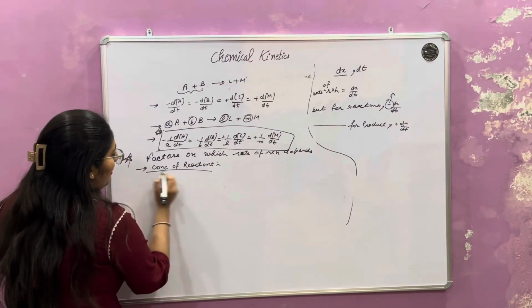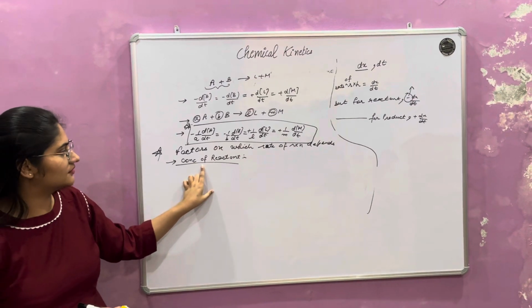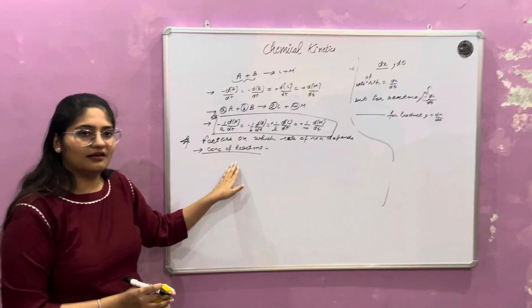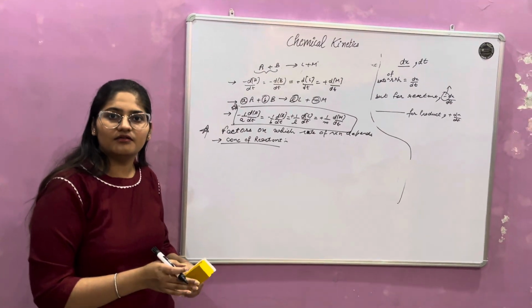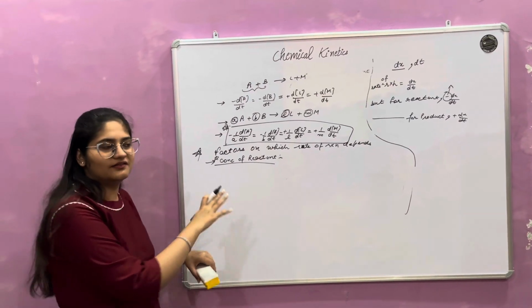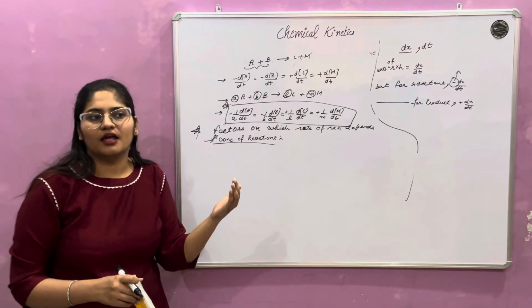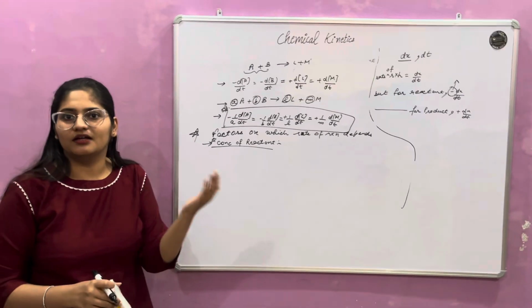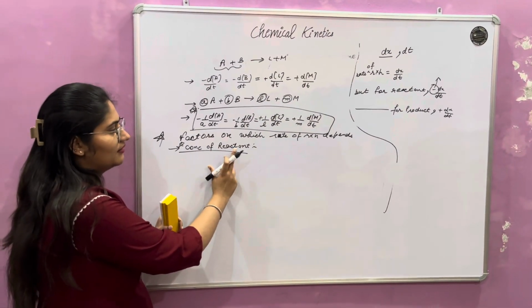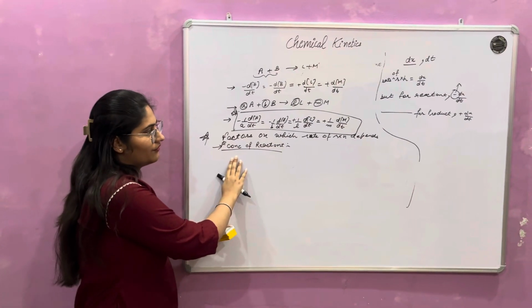As we have already studied, at the start of the reaction the concentration of reactant is high, but with the increase in time, the concentration of reactant decreases. We can also understand this with the collision theory: the more collisions there are per unit time, the faster the reaction proceeds. So with the increase in concentration of reactant, there is an increase in rate of reaction, which means the rate is directly proportional to the concentration of reactant.